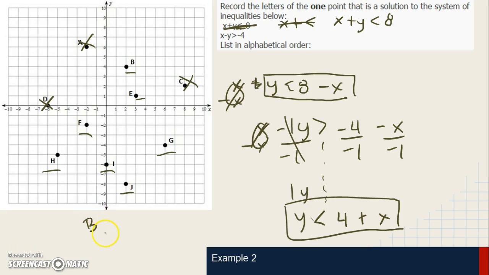B, E, F, H, and so on. A, B, C, D, E, F, G, H, I, J. So I have 1, 2, 3, 4, 5, 6, 7. I've got 7 solutions to this particular problem, and I put them in alphabetical order.